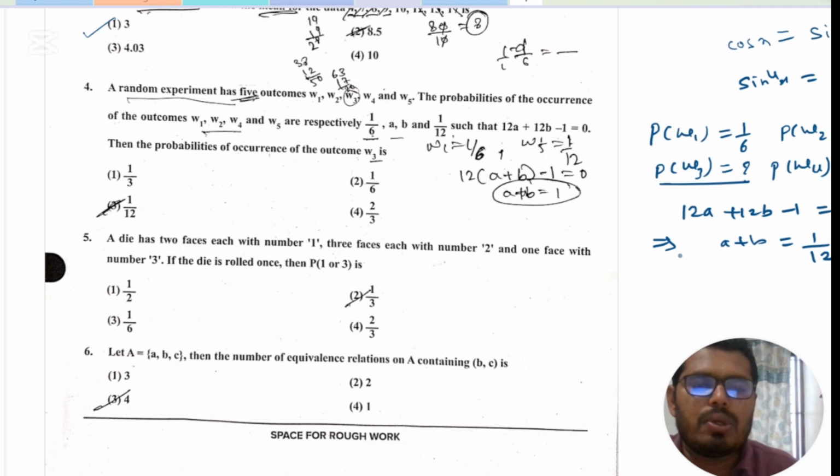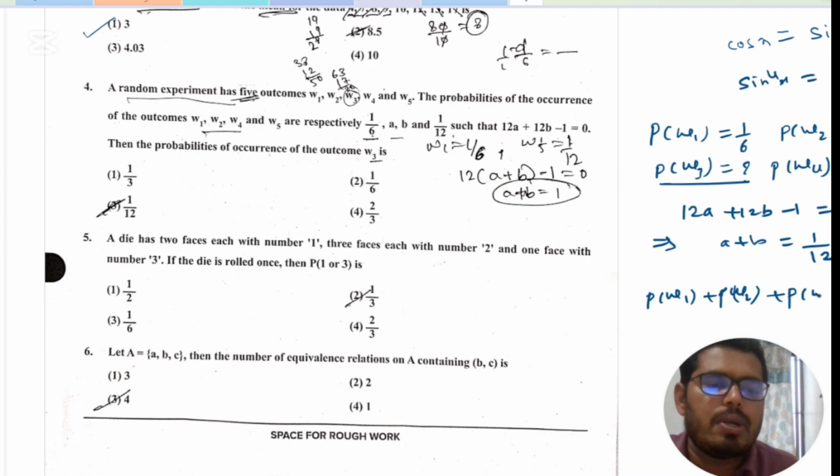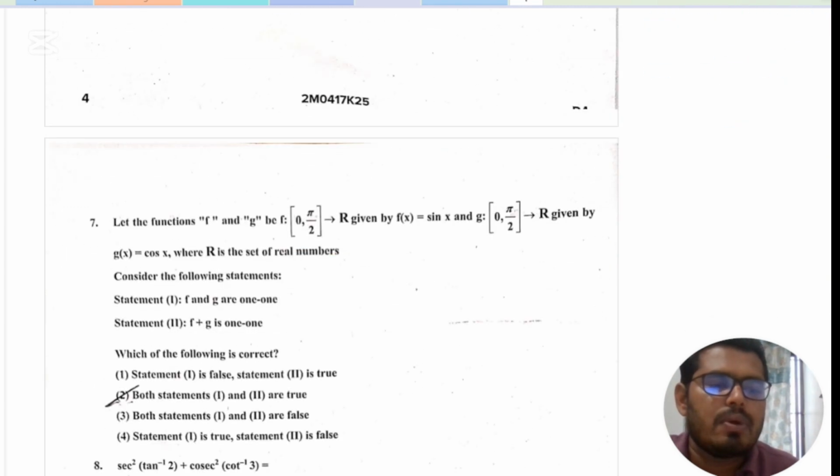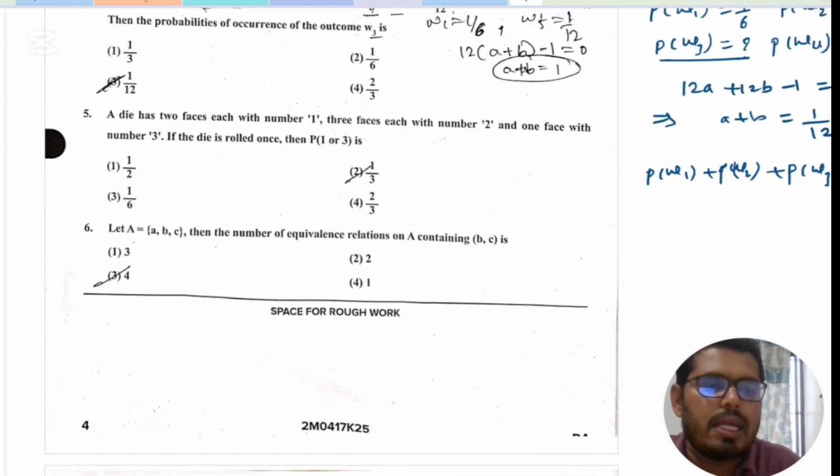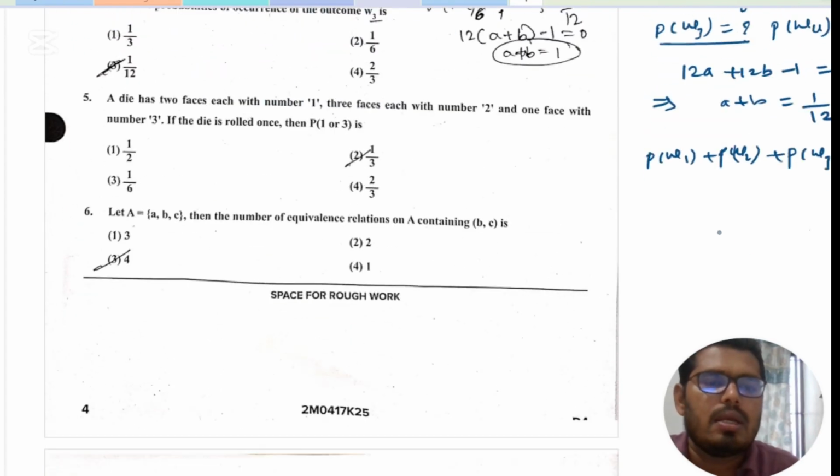Okay, and we know the one condition, the sum of all the probabilities, P of W1 plus P of W2 plus P of W3 plus P of W4 plus P of W5, is equal to 1. Therefore put here P of W1 is 1 by 6 plus A. Okay, and keep P of W3 as it is.